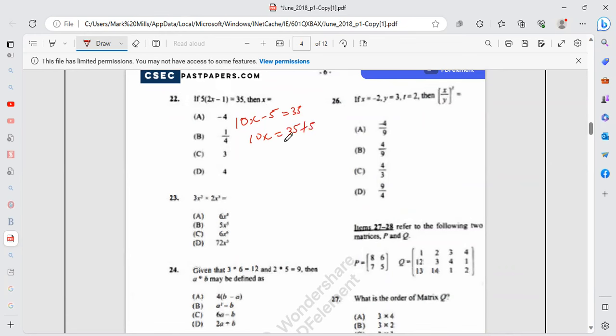C. Oh, never mind, D. So with that, multiply 2 times, it gives you 10x, and 2 times 5 gives me 5. It's equal to that. Then 10x is equal to 40. So x is equal to 40 divided by 10, so x is equal to 4.